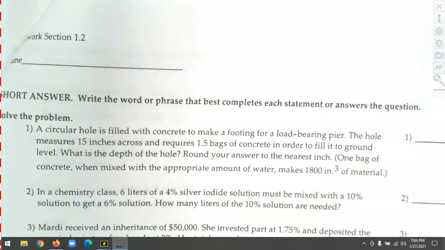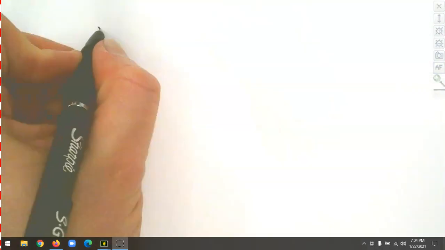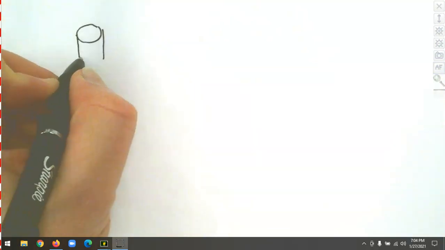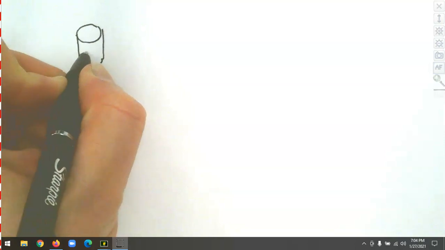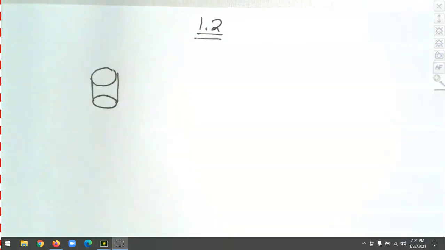So first off, let's see what we're working with. We're going to dig a circular hole in the ground. If we dig a hole in the ground, it's going to look similar to that, right? So that's what we've got. And this, by the way, is question number 1.